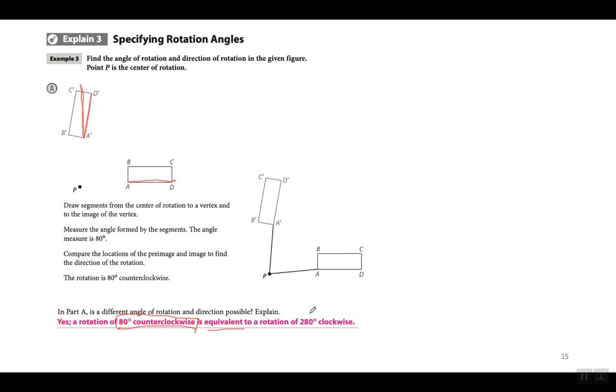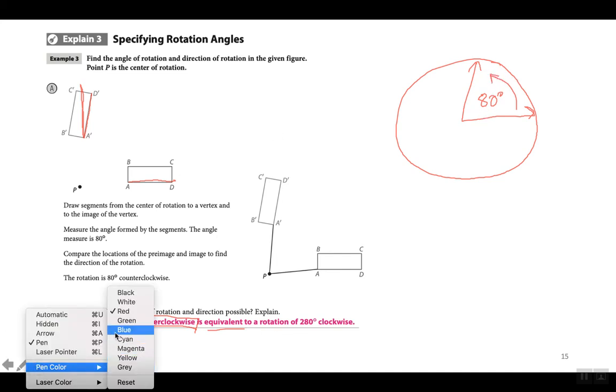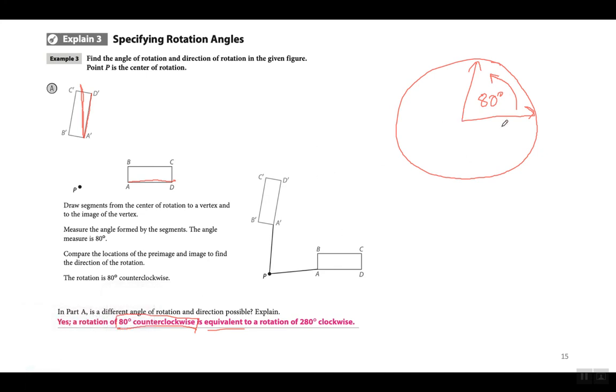So again, just to reiterate in case anybody needs further examples, a rotation of 80 degrees counterclockwise is the same thing as a rotation of 280 degrees clockwise.